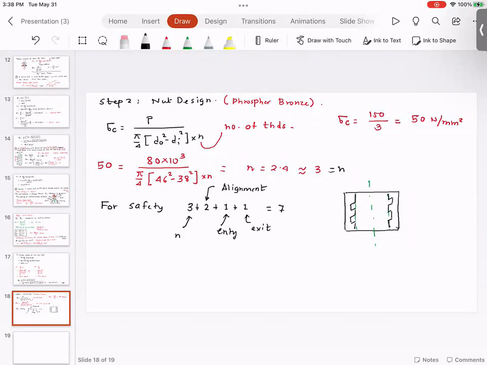As you can see, there is a possibility that the threads can shear over here.